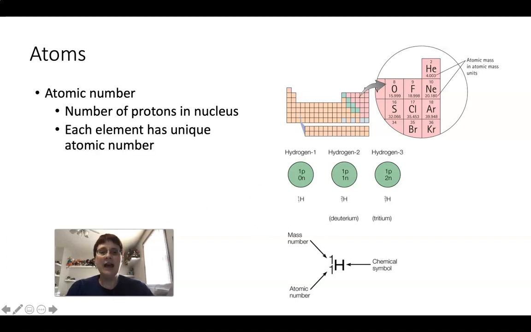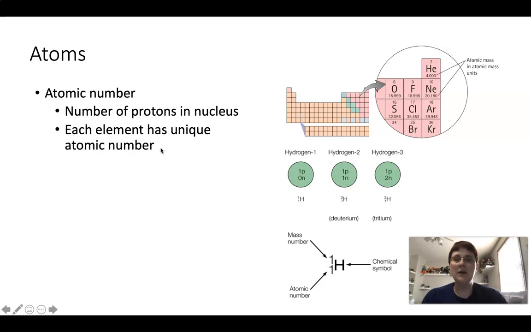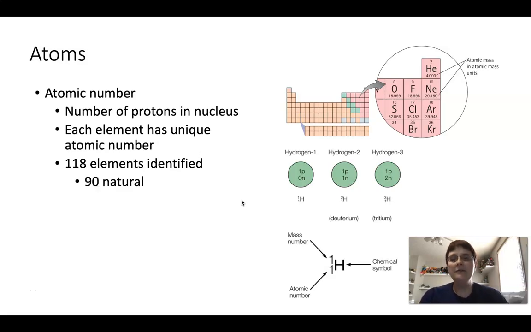Each element does have a unique atomic number because those numbers of protons dictate how they're going to interact with the environment. There are currently 118 elements that have been identified. That number may change as we identify and certify more elements. Out of that 118, 90 of them occur naturally on the planet.